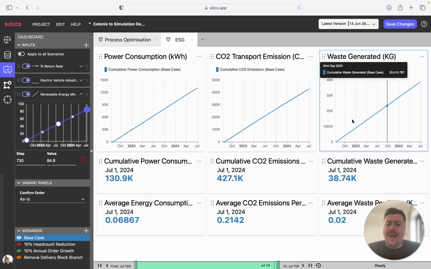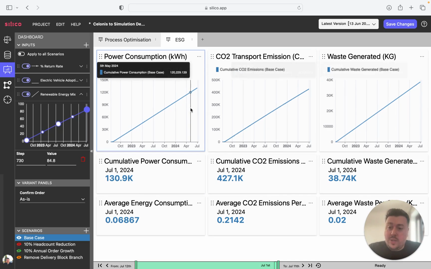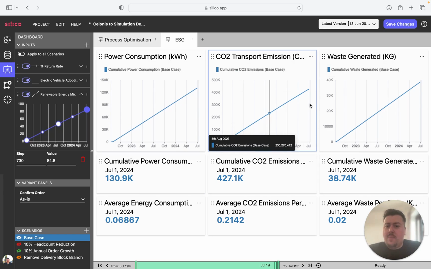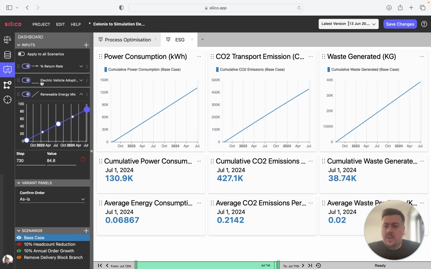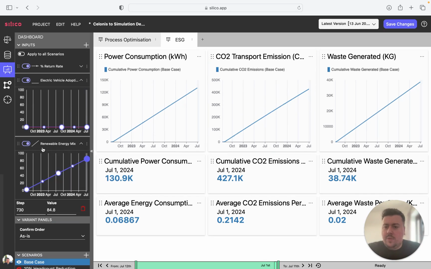We can also combine these different inputs to kind of see if there's any compounding effects of doing so. So by changing our process to have a higher rate of electric vehicles delivering for us, we can see what sort of reduction in carbon that we can achieve. So if we go into our electric vehicle adoption, so at the moment we're at 0%, so we'll kind of set ourselves a fairly optimistic goal.